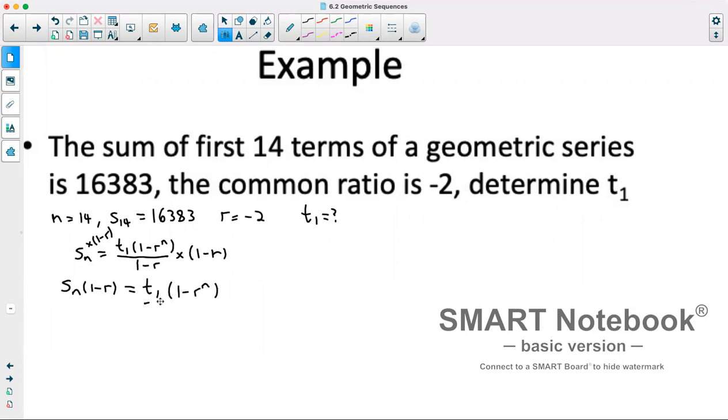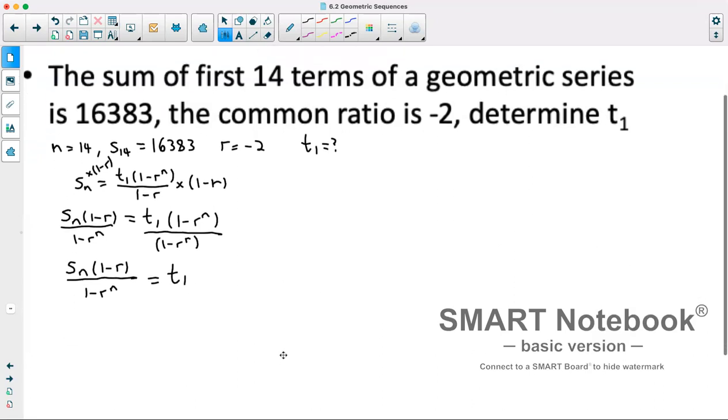We then want to get T1 on its own by dividing both sides by 1 minus R to the power of n. So that gives us Sn times 1 minus R over 1 minus R to the power of n gives us our T1.